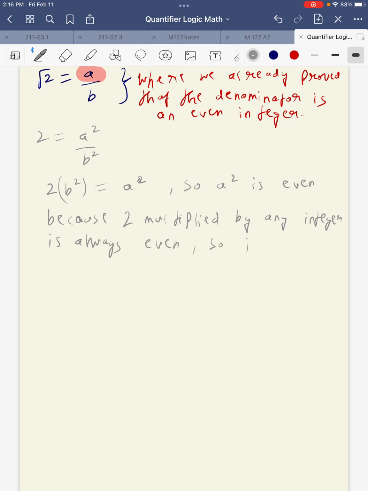So if a squared is even, then a is even. There's another proof: if n squared is even, then n is even, and if n is even, then n squared is even. Let's just say we already know that. Okay, so now we have proven that a and b are both even.